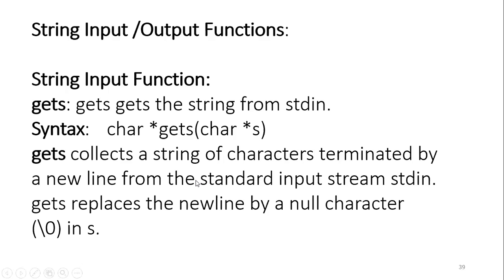But this new line is replaced by slash 0 by the compiler. So gets collects a string of characters terminated by the new line from the standard input device keyboard, and replaces the new line with slash 0, the null character, in s. So gets will return a character pointer.